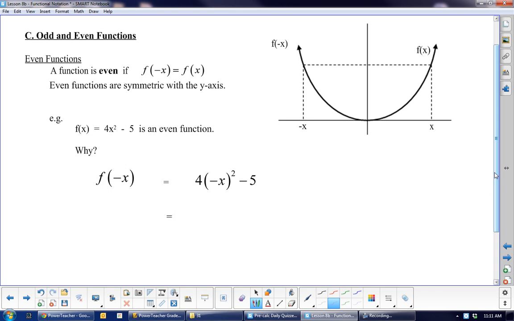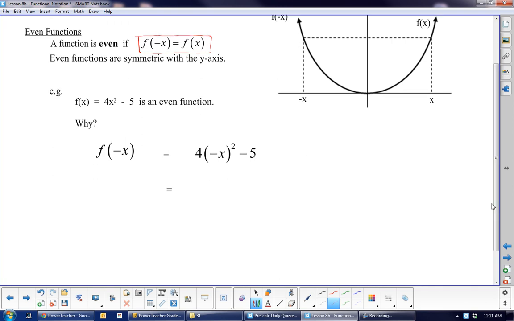Now, even functions are when f of negative x equals f of x. Okay? Now this looks way more complicated than it is, but when you see how it works, as this example, see 4x squared minus 5 is considered an even function.